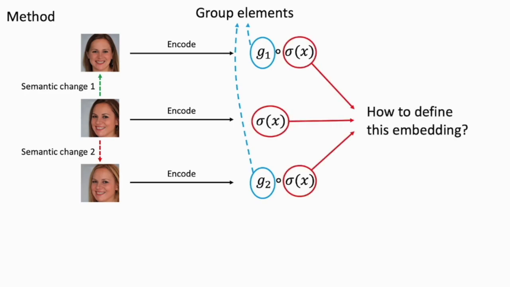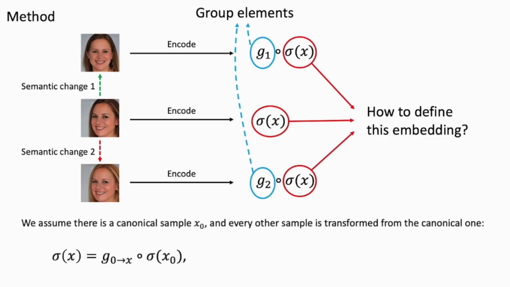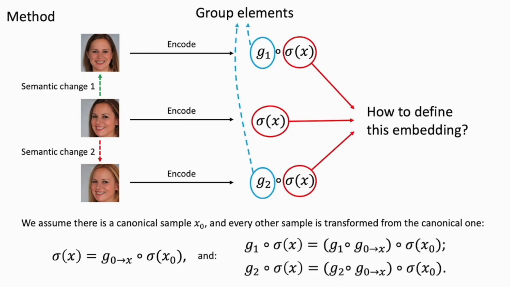In this work, we assume there exists a canonical sample x0, and every other sample can be transformed from this canonical one through group transformations in the latent space. When we apply a new group action on an example, the action can be absorbed into the transformation term, which will maintain the transformation structure from the canonical example.